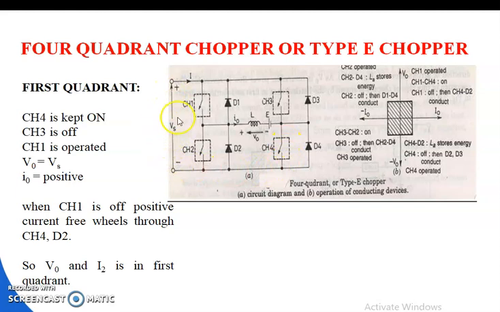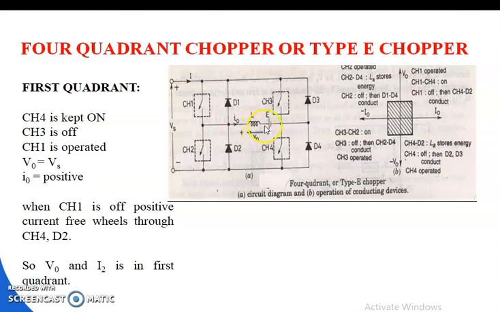Whenever chopper CH1 is off and chopper CH4 is off, the current starts flowing by reversing its direction, that is, through diode D3, then Vs, then diode D2. In that case, the load current of L will circulate by following a path reversed in direction, that is L, D1, then Vs, then D4, then E, then L. So in that case, D1 will be in forward biasing mode and D4 is in forward biasing mode.